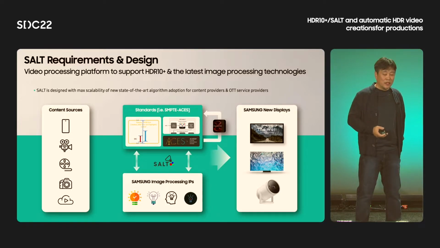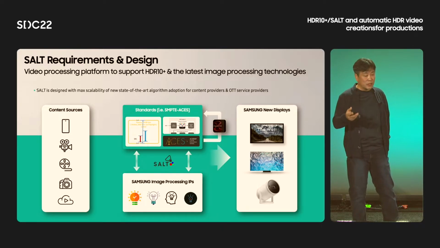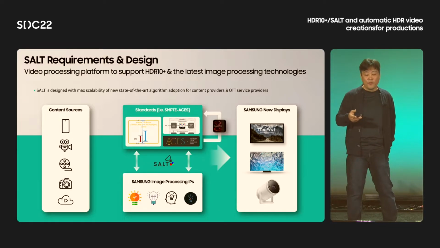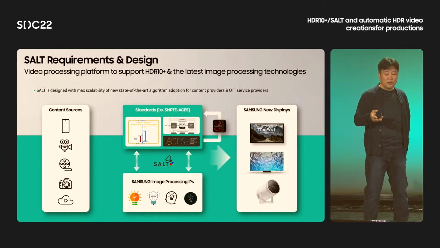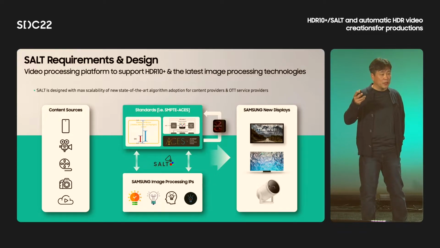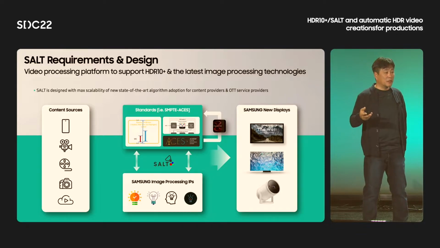The content sources should be of various types, like mobile devices, normal camera devices from the studio, or even 3D games, which can be treated through this SALT solution. Also, the output from this solution should be renderable on new display types, which can be provided by Samsung or other companies, even third-party companies as well.